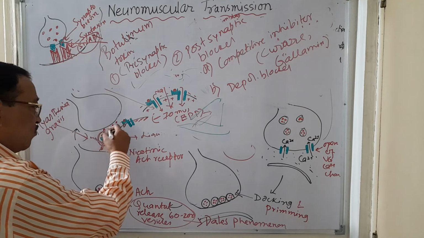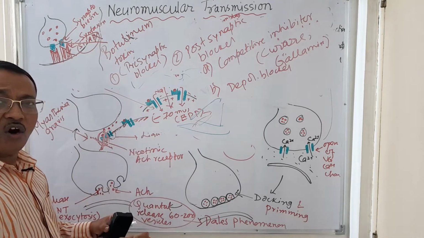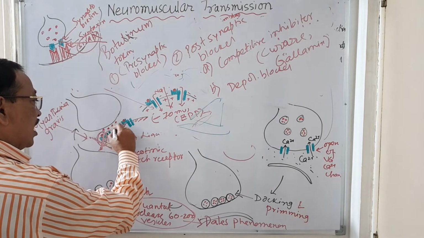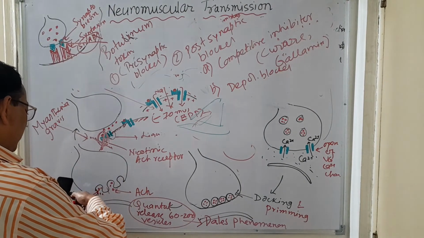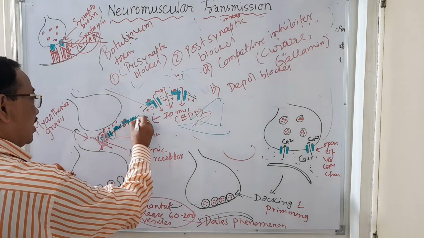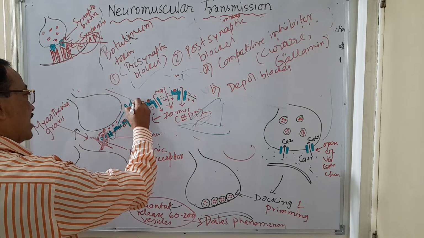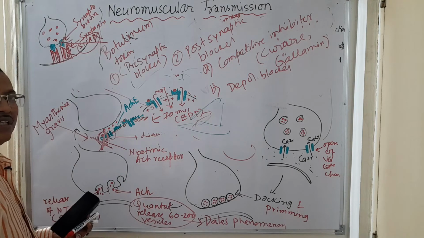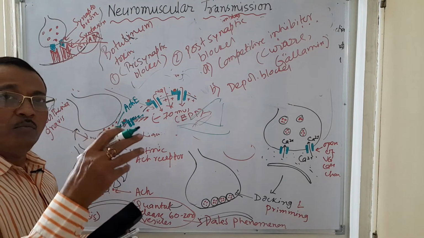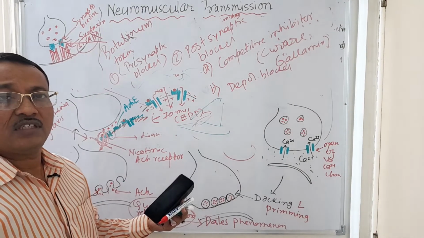Once its action is over, the acetylcholine is destroyed or metabolized by an enzyme present on the basal lamina of this post-synaptic membrane. On the basal lamina, there is an enzyme known as acetylcholinesterase. This acetylcholinesterase metabolizes the acetylcholine, so acetylcholine will be exhausted.